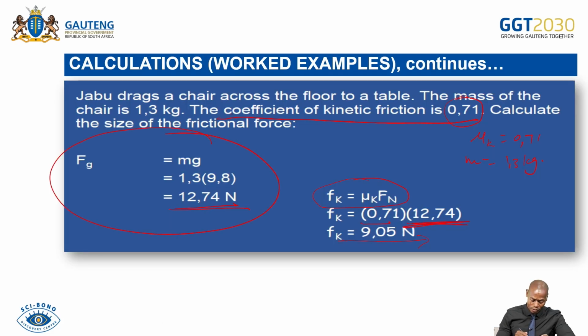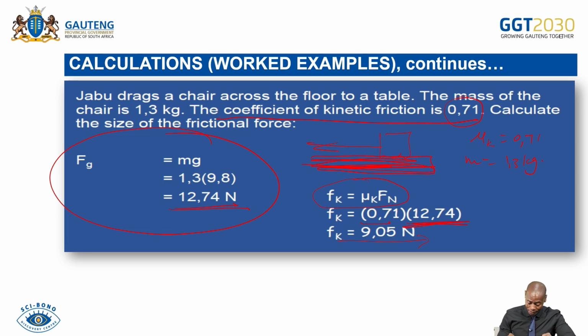Okay? So Jabu drags a chair across the floor to a table. So this is the floor, for example, and then let's say this is a chair. I can even use a box here. So it's dragged across the floor.